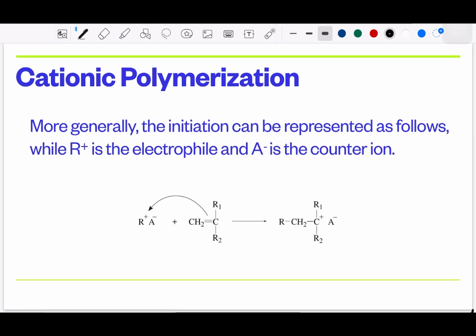The idea is the R is the electrophile, and the A is the counter ion. As long as the monomer and the initiator can fit within this principle, we can use cationic polymerization.